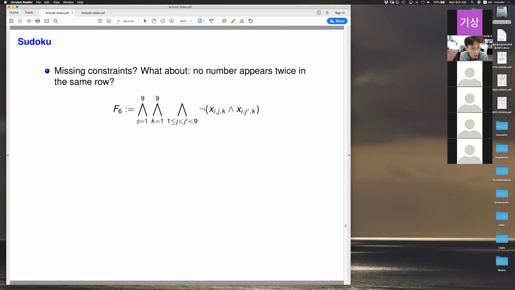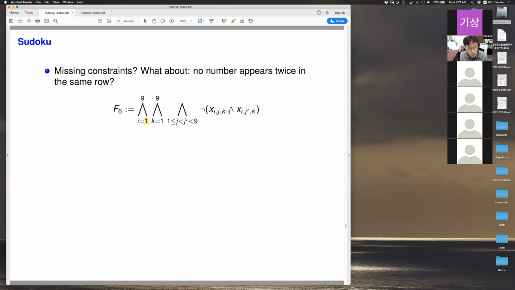So for every row i and every number k, we can't find two different columns j and j prime, both of which contain k. So that's another property of the Sudoku, but it is implied by F1 up to F5.